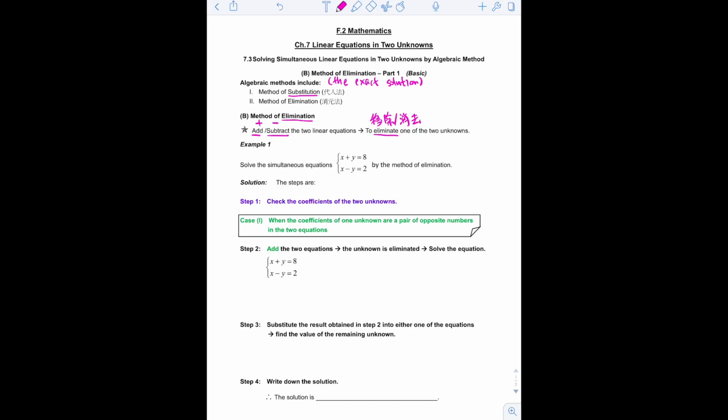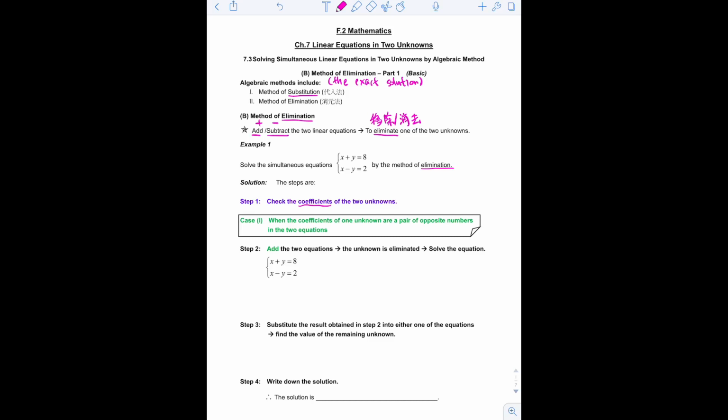Here you have to solve the simultaneous equations by the method of eliminations. Firstly, let's check the coefficients of the two unknowns. What do you notice about the coefficients of the two unknowns?